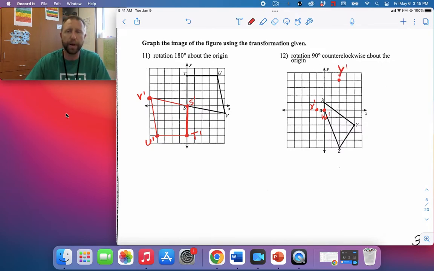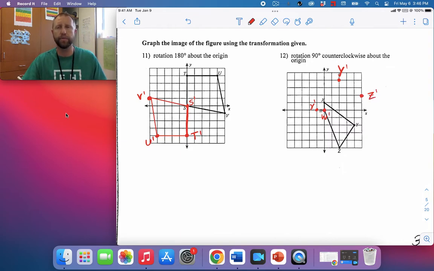Label that Y prime. And then finally for Z, to get Z prime, again 90 degrees, it's in this quadrant. I know it has to end up in this quadrant. It is 2 spaces away from the y-axis. So when I rotate that up, it's going to be, look at that, 2 spaces away from the x-axis. So that is Z prime.